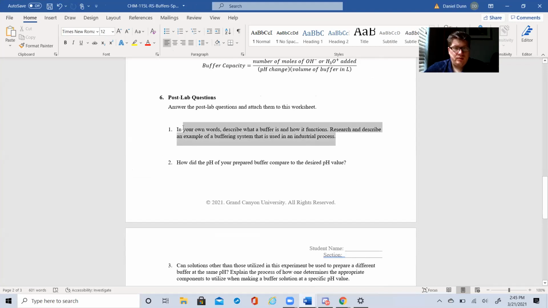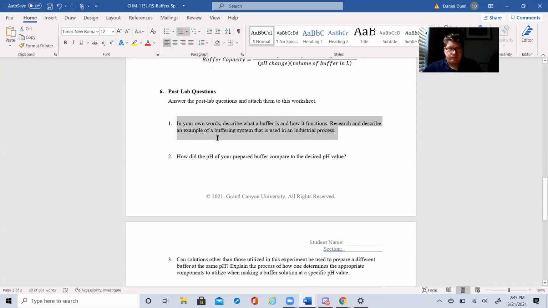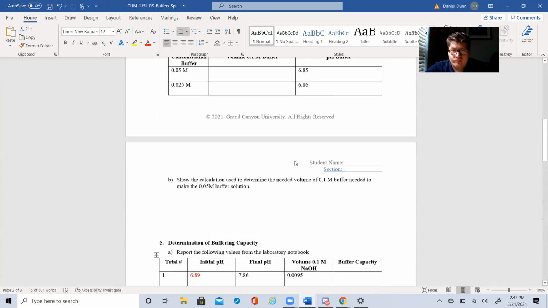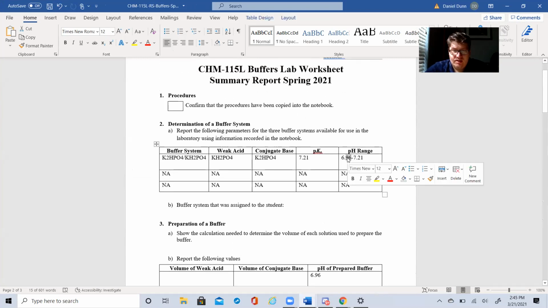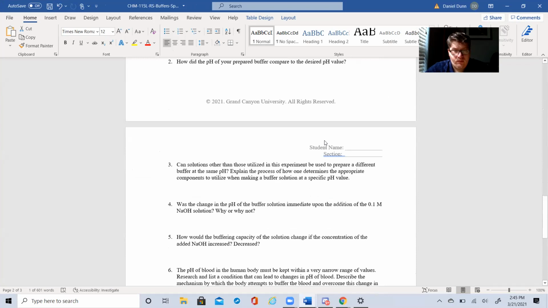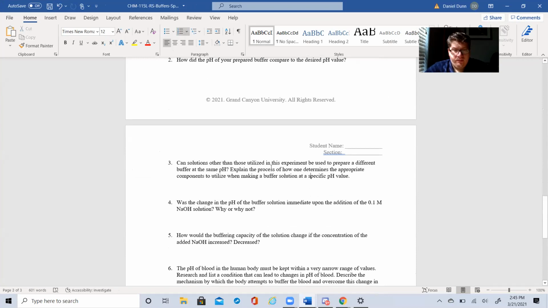In your own words, what is a buffer and what does it do? You guys should know this. How does your prepared buffer pH compare to a desired value? How does this number, the 6.96, compare to the 7.21? Number 3, can solutions other than those utilized in the experiment be used for the reference?